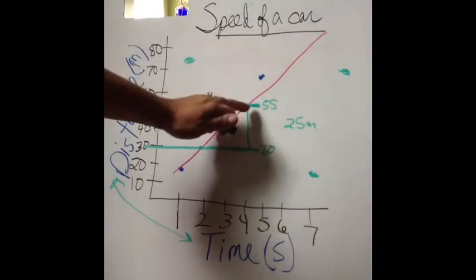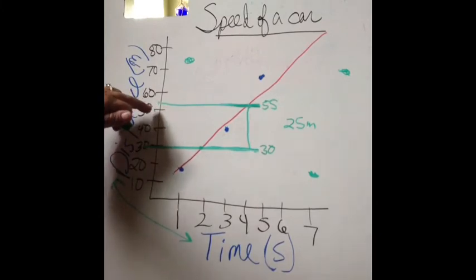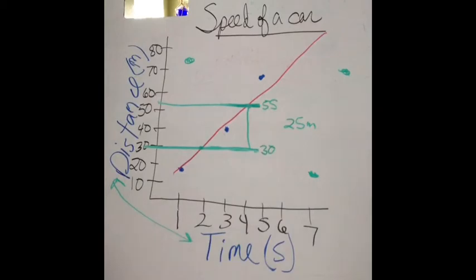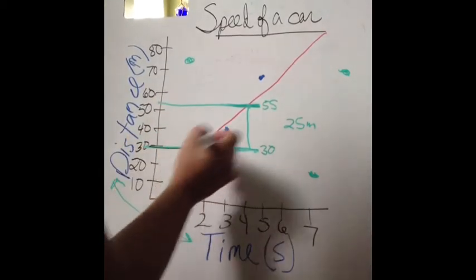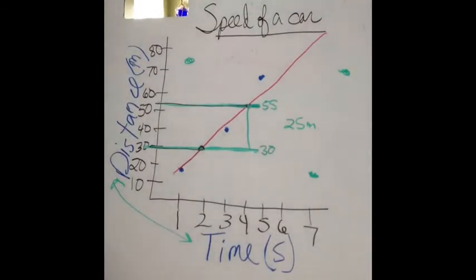I'm just taking where that spot is on the graph, coming over here to see that it's about 55 because it's halfway between the 50 and 60. And this spot here, right here, that's right on the 30.